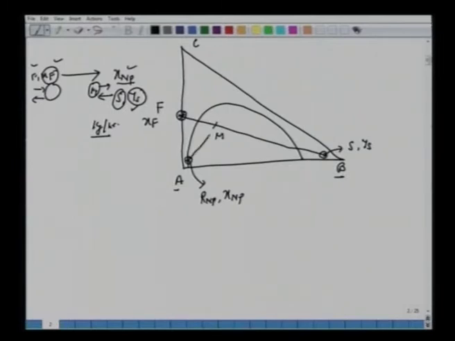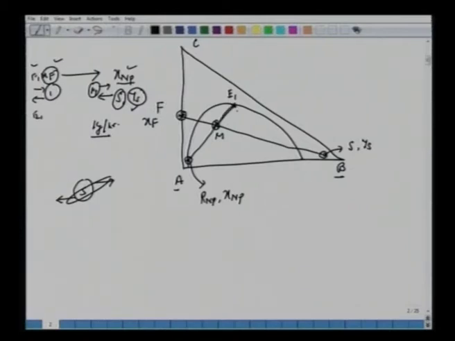All we have done is make an overall material balance and locate this M point, and then, knowing this RNP, we extend this line, connect this to make an intersection at this equilibrium curve at point E1. Then E1, the stream here from the first stage 1, this is R1, and here we have this E1. So these two streams are in equilibrium. What we did here is that we can find this tie line to obtain this R1.